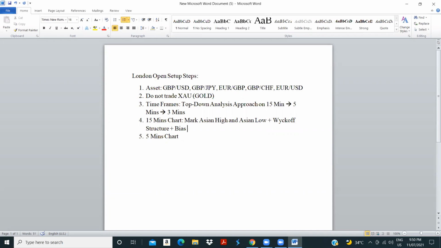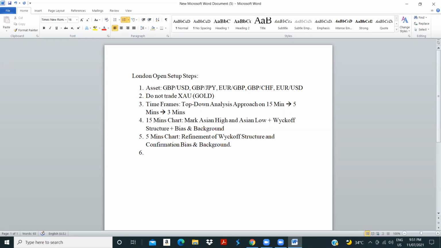The bias and background should be identified on the 5-minute chart, along with confirmation of bias.